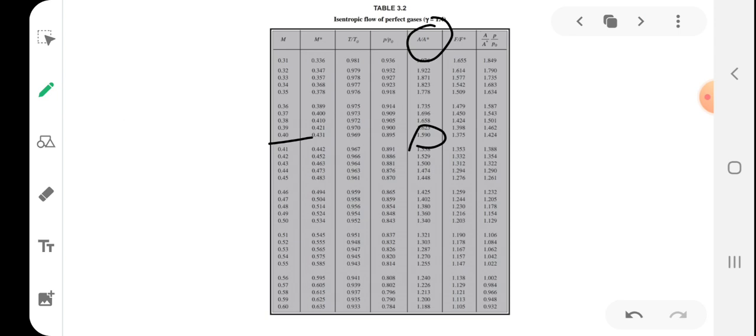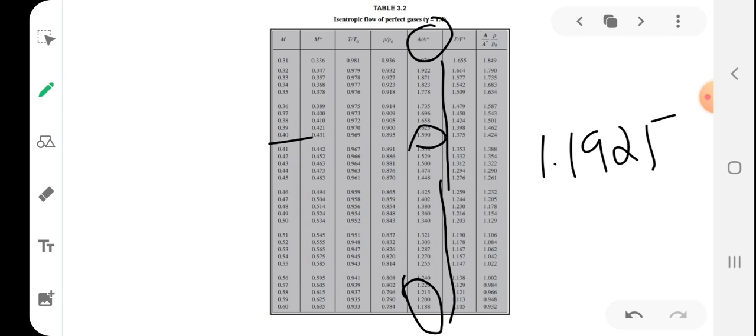So corresponding to 1.1925, you check here. 1.188 is here, so 1.1925 lies between the neighbouring table values.